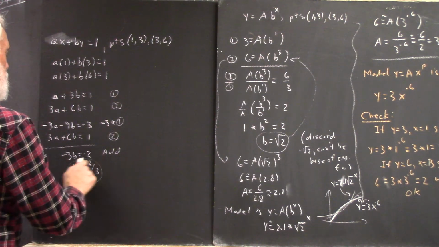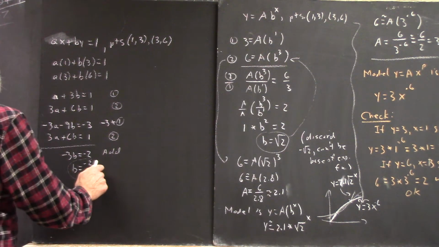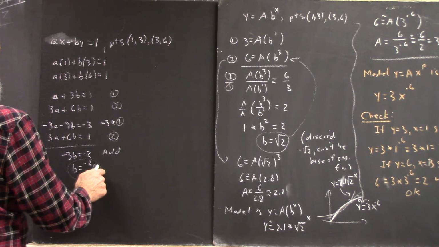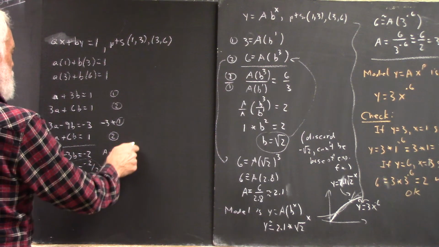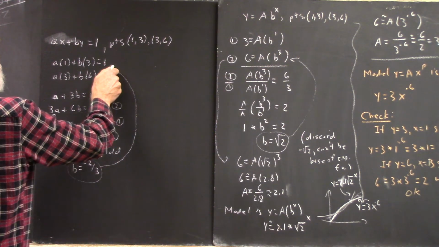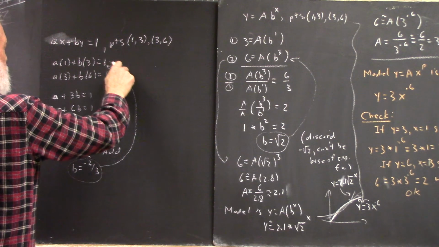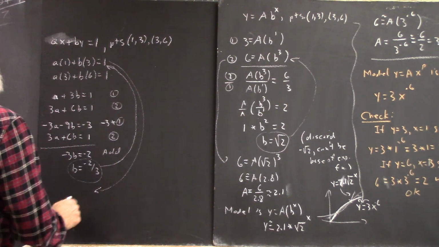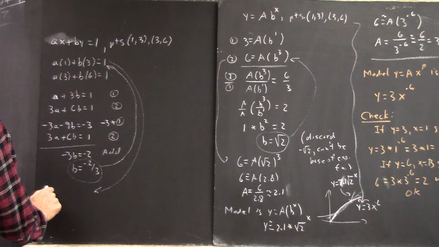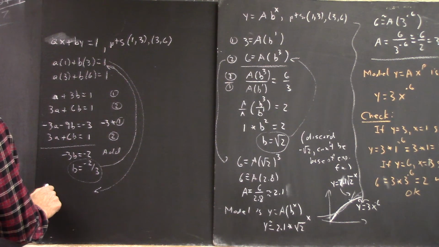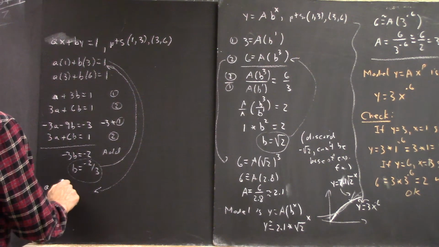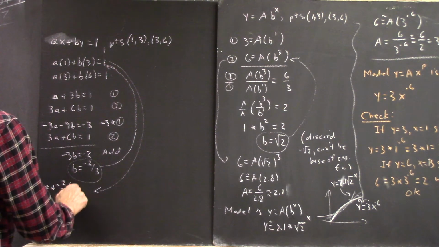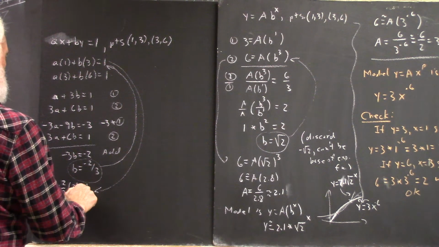We bring that up here, plug it in, we'll just plug it into the first equation, which will come back here as a plus 2/3 times 3 equals 1.